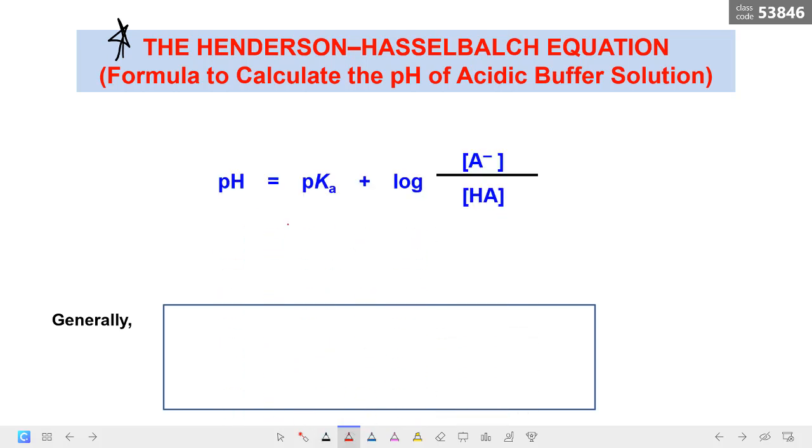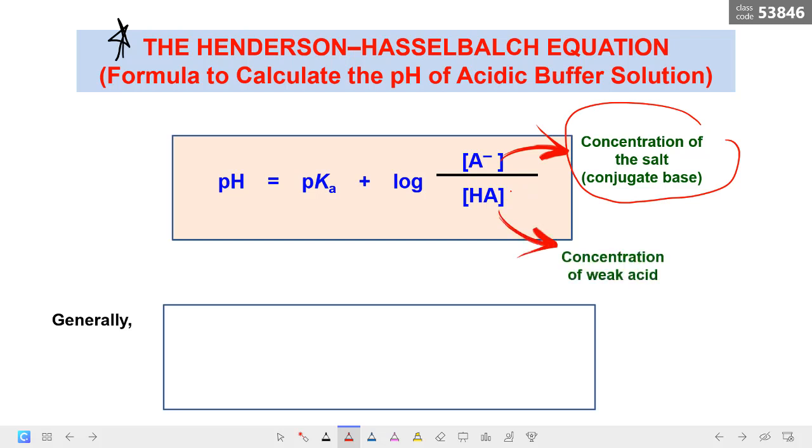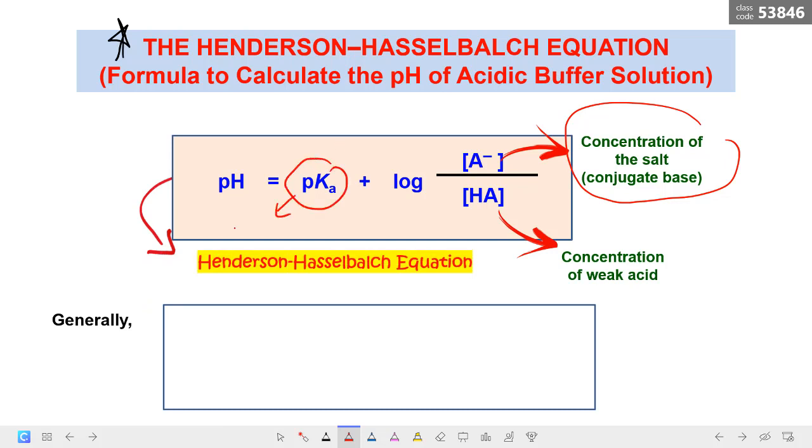pH equals to pKa plus log concentration of, yang atas itu adalah conjugate base ataupun concentration of the salt, divide by the concentration of the weak acid. Jadi ini adalah Henderson-Hasselbalch equation. Okay, yang ini kita dah belajar. pKa ini sama dengan apa? pKa sama dengan negative log Ka.